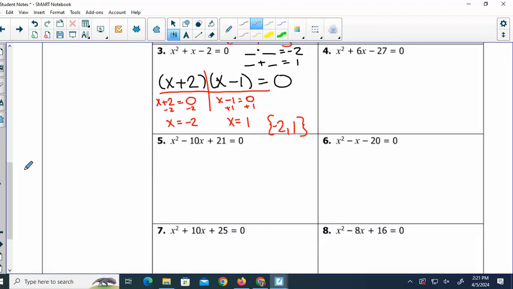Do you guys remember doing this factoring before? So it's just like the factoring with an extra step of setting things equal to 0. Number 5. What would we do on that one? Multiply to a +21, add to a -10. So that's x minus 7 and x minus 3.